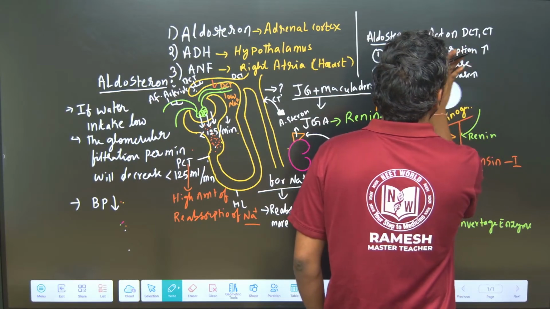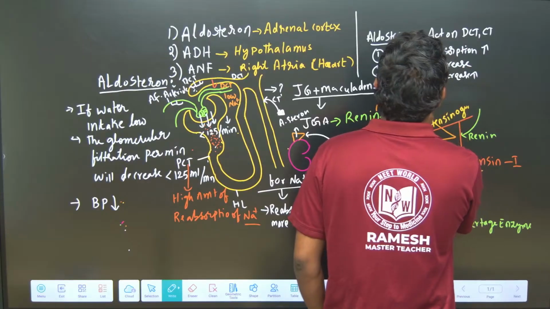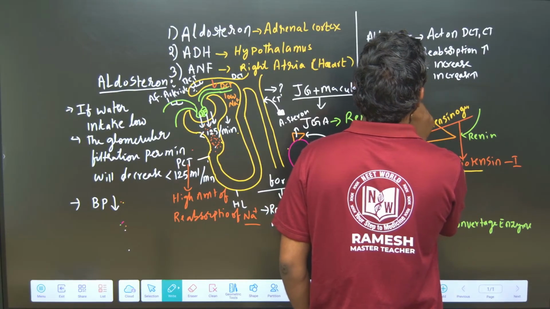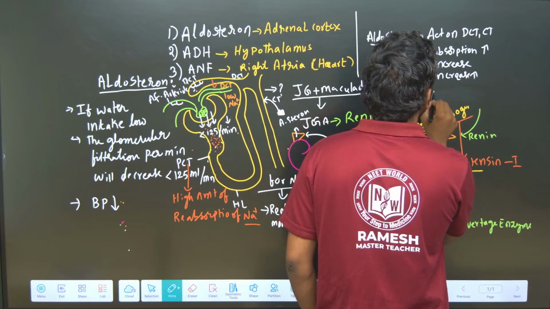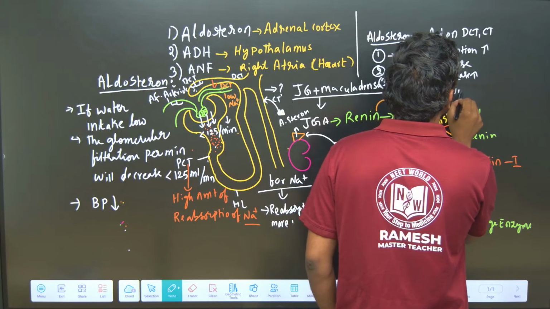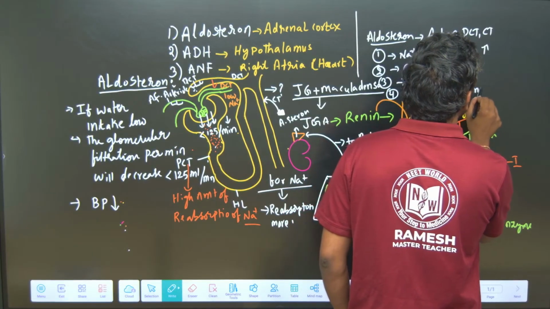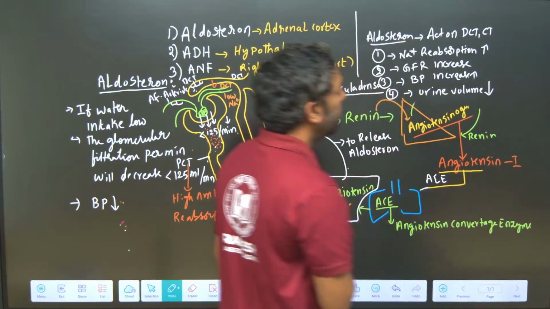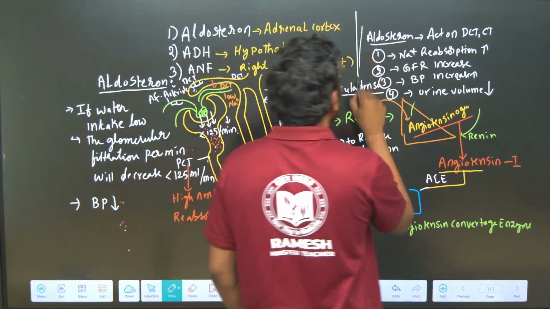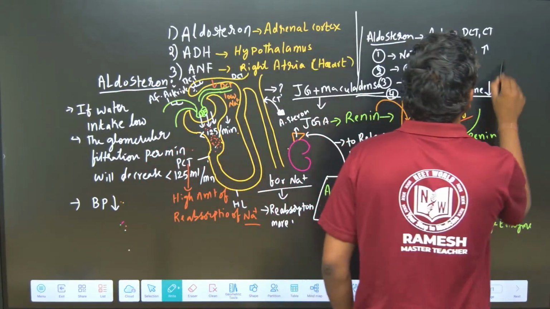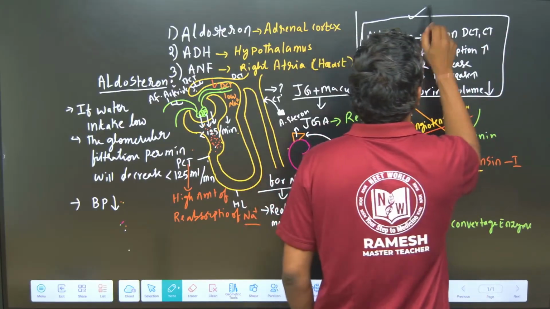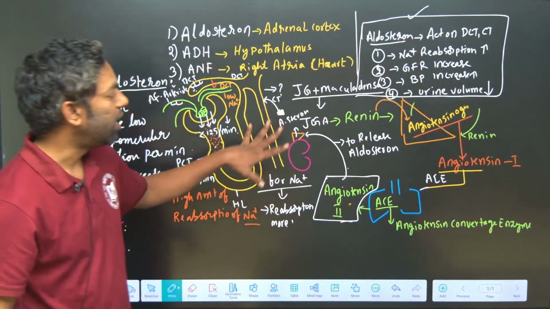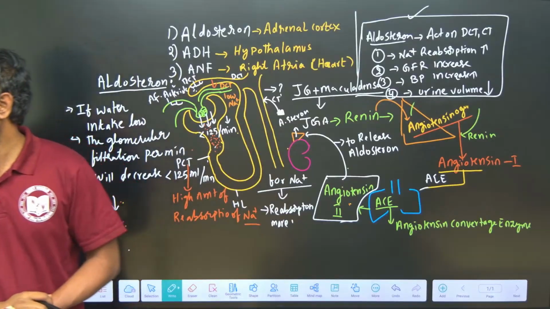But here the urine formation will decrease. Urine volume will decrease. These are the actions that take place by aldosterone. Guys, listen carefully.